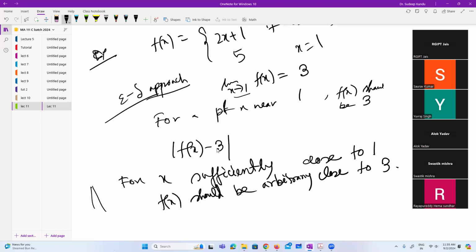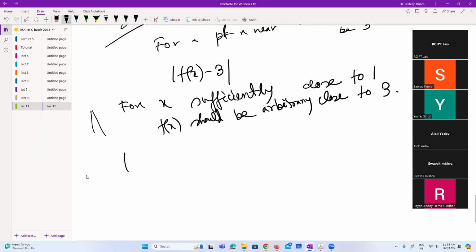So how will you show it? f of x minus 3 is nothing but your 2x minus 2, is it not? Is it clear?